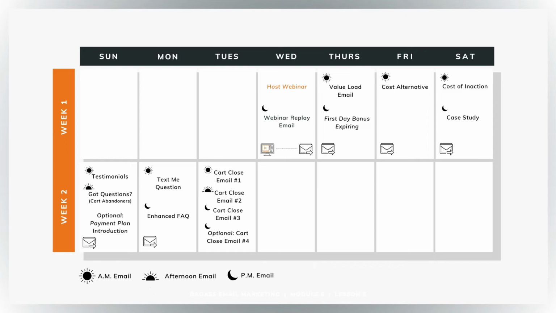Also, here is a great thing to do. This is one of those periods where I said there is a specific email that you send to your most engaged people. At about noon on Sunday, I would suggest sending an email just to people who have visited the sales page but not bought, that invites them to ask you questions.